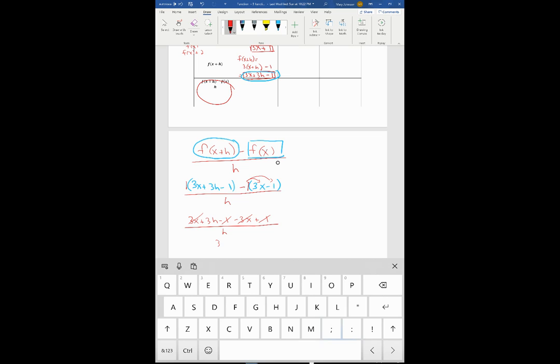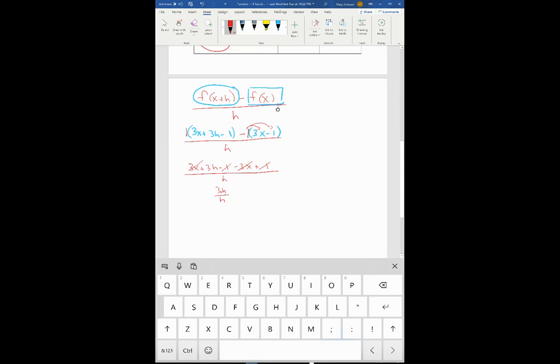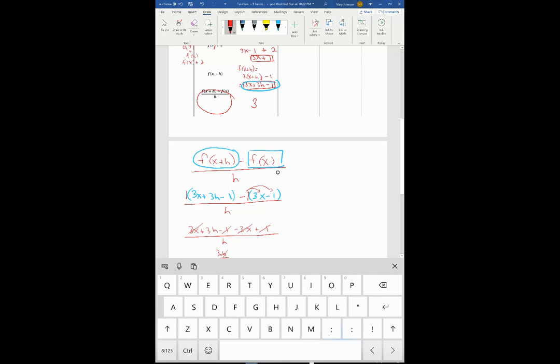So I get 3h divided by h. And since that's 3 times h, h divided by h would just be 1. My final answer is 3. So all that work tells me that for that function, the expression I had you plug into would just be 3.